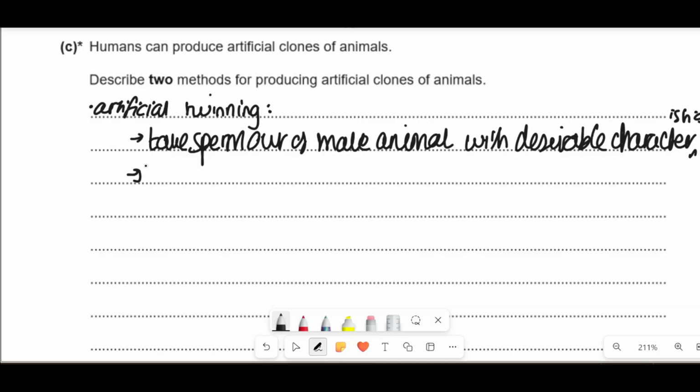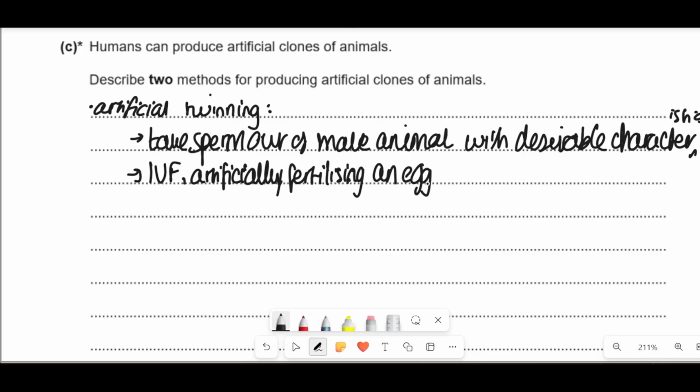You can do that in IVF. So that's basically artificially fertilizing an egg. And then what we do is we then split them.